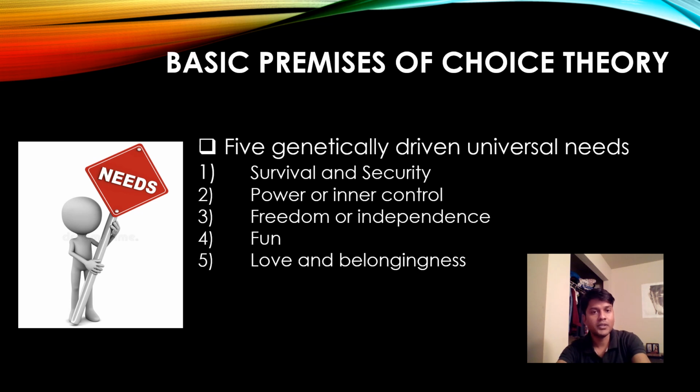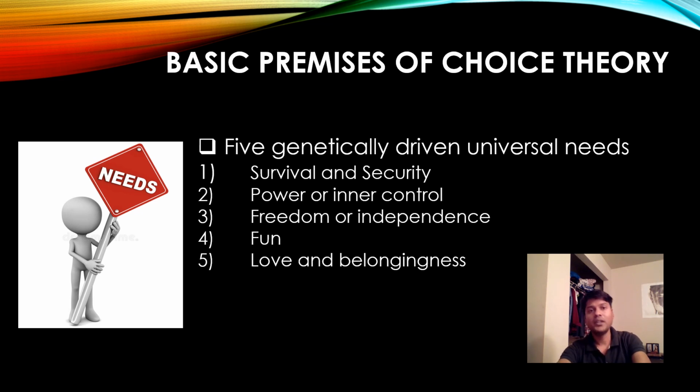The third one he talked about is the need for freedom. The need to be free is the need for independence, autonomy, to have choices, and to be able to take control of the direction of one's life. The fourth need he talked about is the need for fun. The need for fun is the need to find pleasure, to play, to laugh.